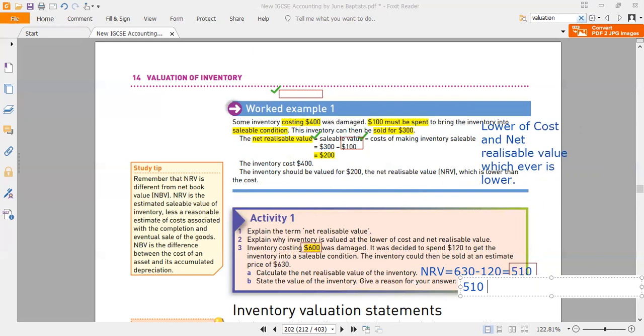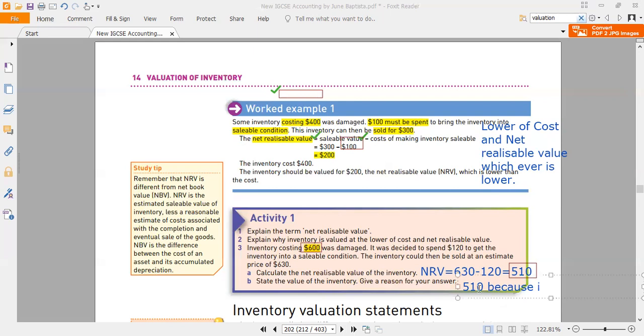Because it is sold at an estimate of 630. That's why. No, it is not. You see, this is the condition: lower of cost or net realizable value. Whichever is lower.